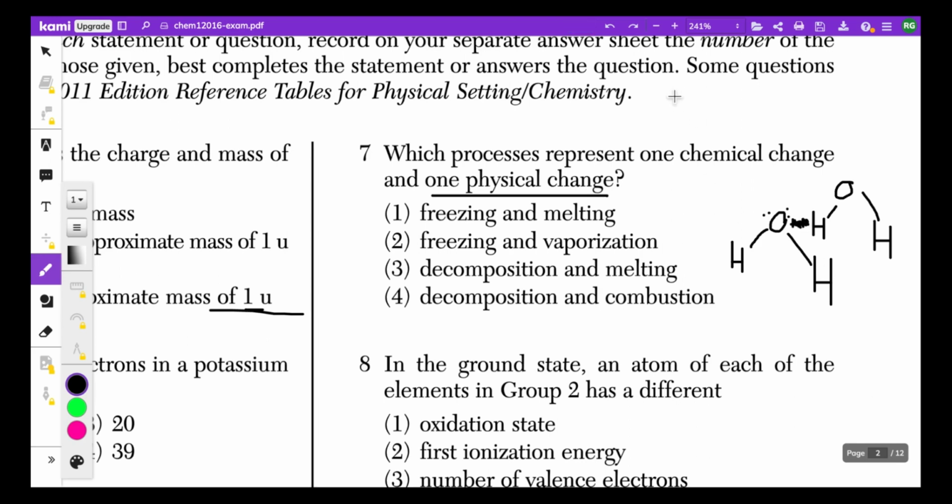For example, if you want to go from liquid water to water vapor, you would have to break this attraction completely so that these water molecules just move free and turn into gas. So physical changes are represented by changes in intermolecular forces. If you were to break an intermolecular force, that would represent a physical change.